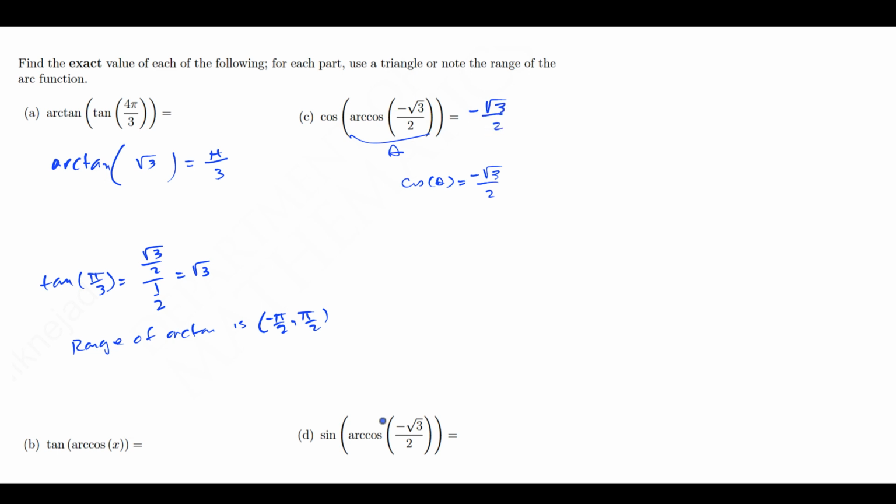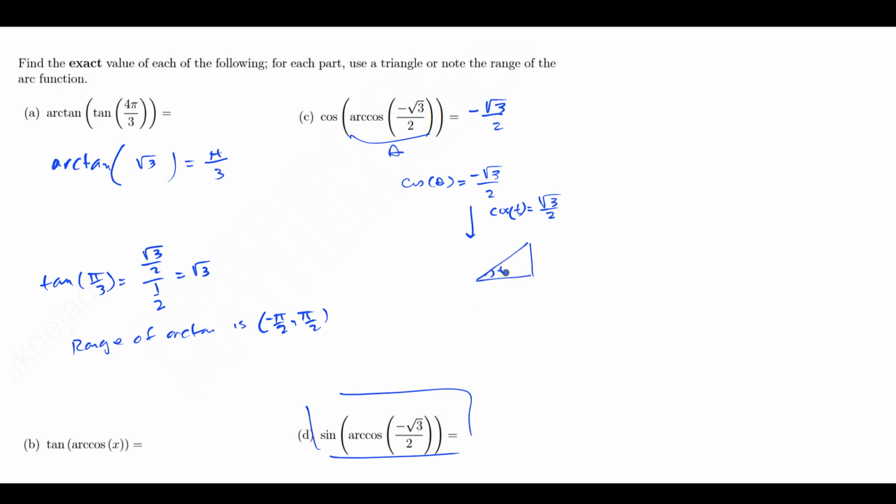Now, if I was going to find the sine of theta, if it was switched to this problem instead, then I would have to get rid of the negative sign and find the reference angle t, such that cosine of t is square root of 3 over 2.